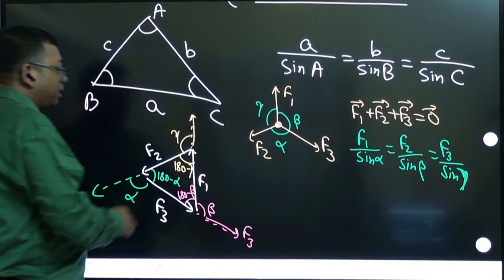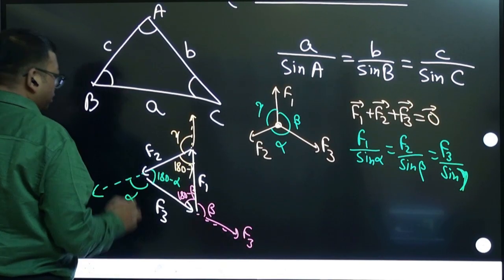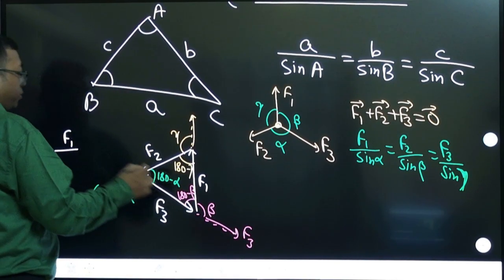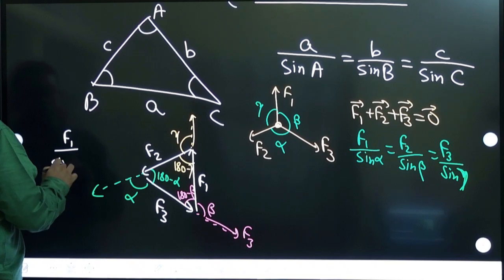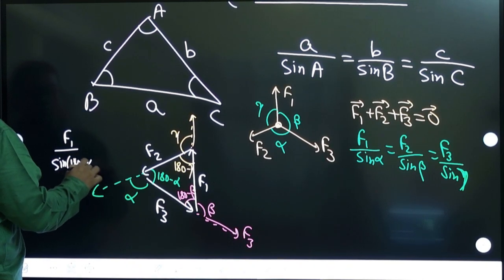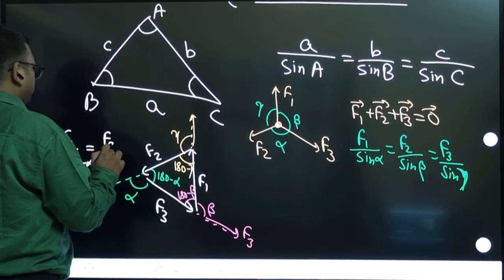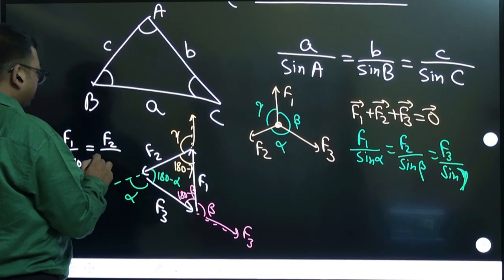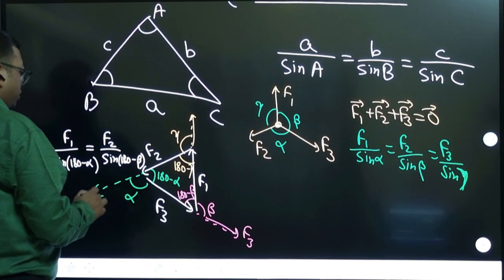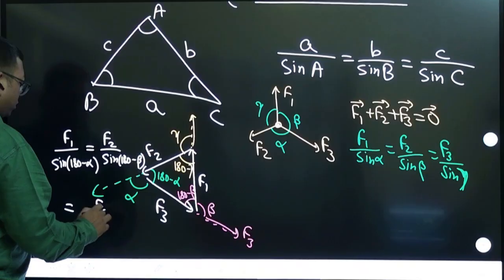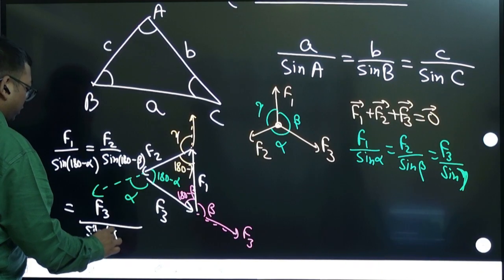Now, in this triangle, you can apply the sine rule. So F1, opposite of which is sine of 180 minus alpha, is equal to F2, opposite of which is sine of 180 minus beta, is equal to F3, opposite of which is sine of 180 minus gamma.